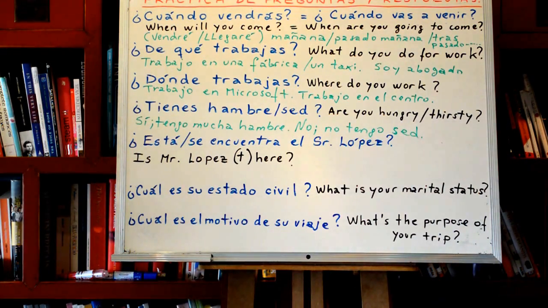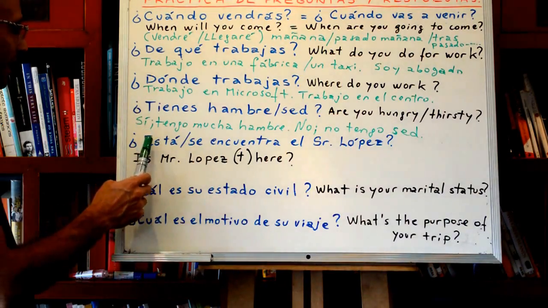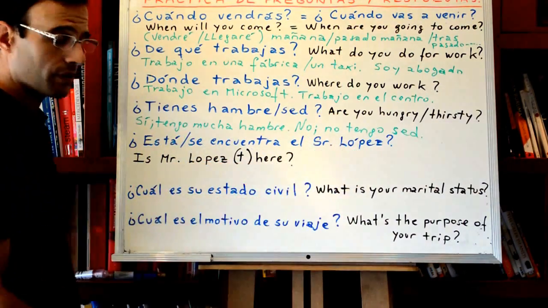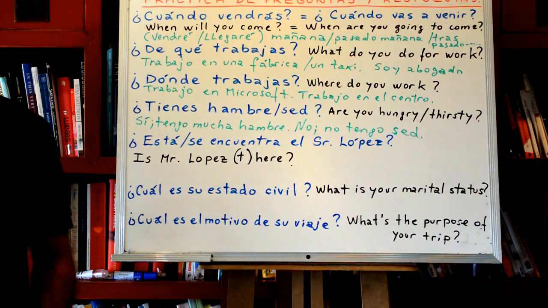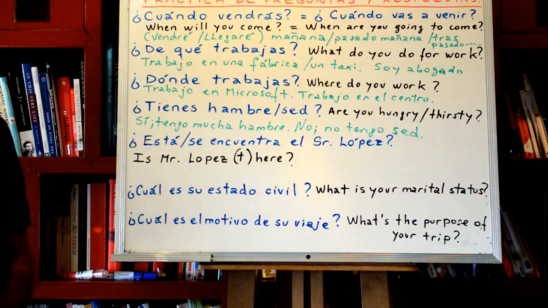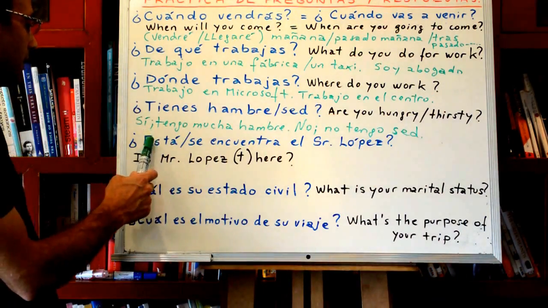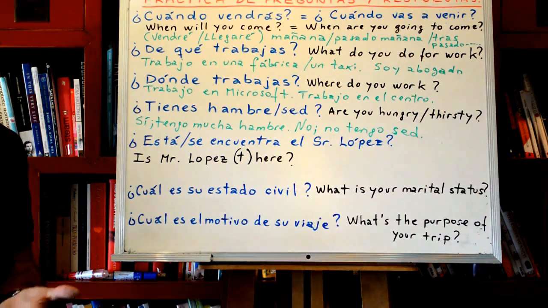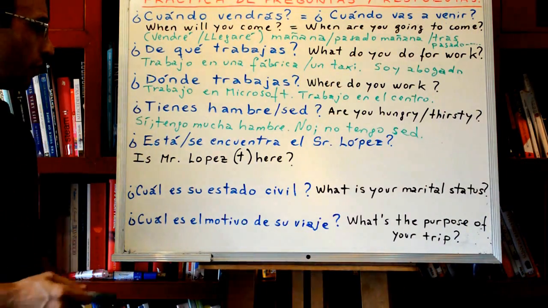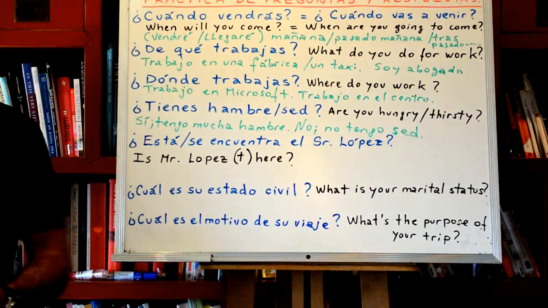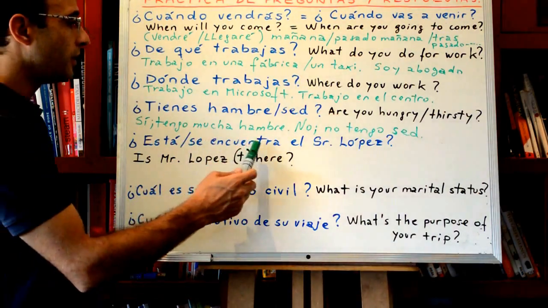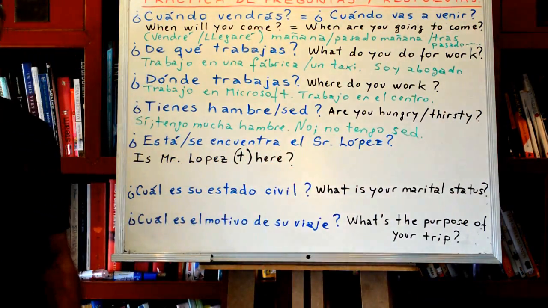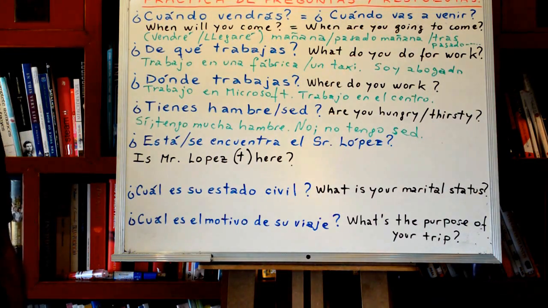Bien, siguiente pregunta. ¿Está el señor López? Is Mr. Lopez here? Está. A synonym for está would be using another verb. Se encuentra el señor López also means is Mr. Lopez here.